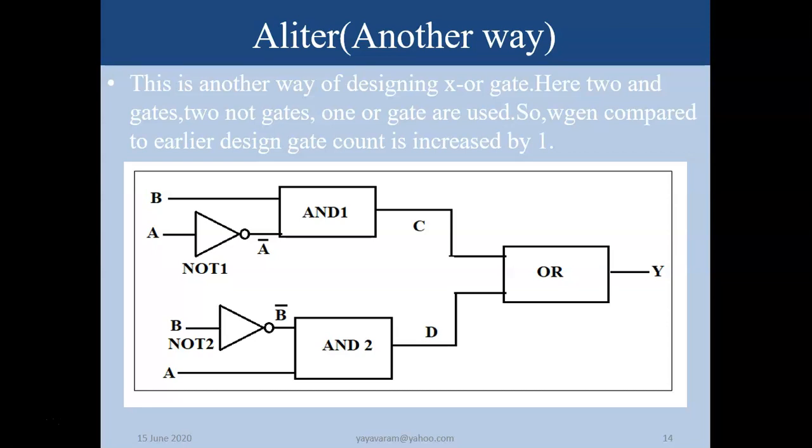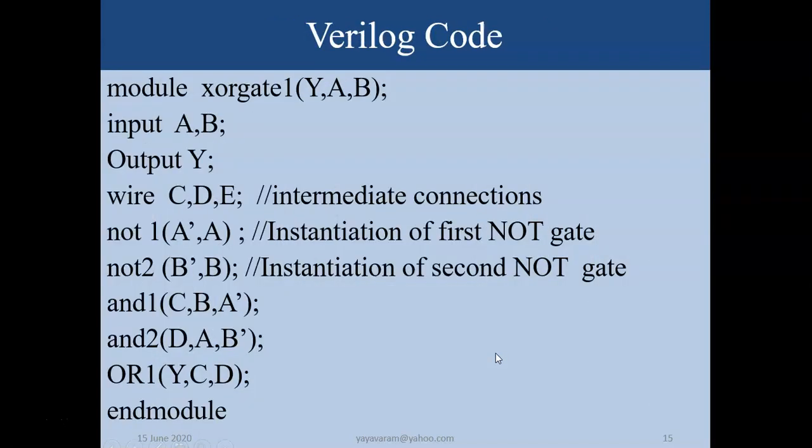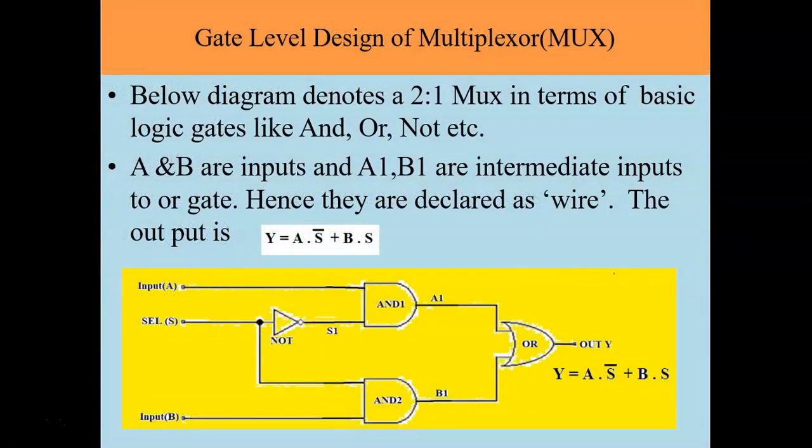Another advantage of the previous one is that it uses all the same gates, NAND gates. Here I require 2 NOT gates, 2 AND gates, 1 OR. Therefore the earlier method is more preferred. So the earlier one is a better design. That is where your capabilities come out.